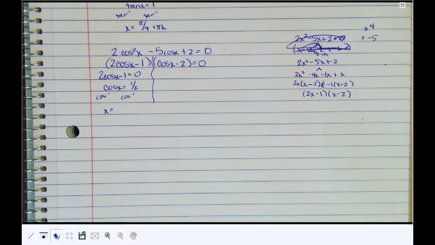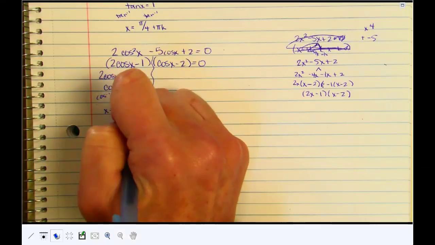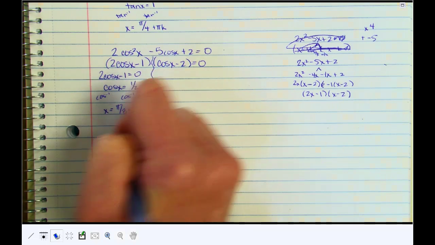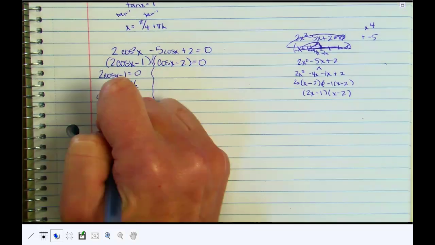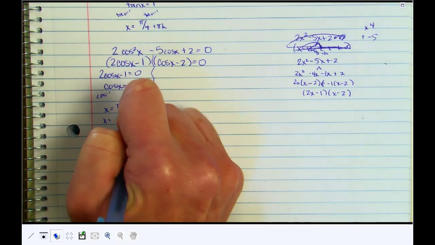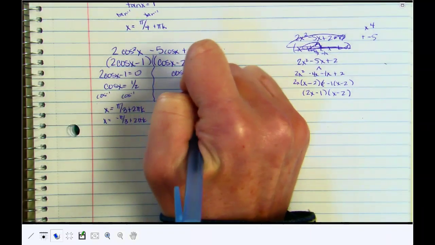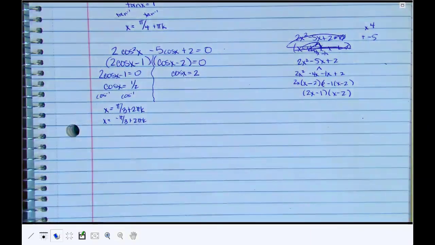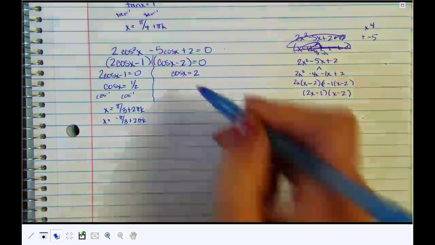What do you got for your first answer for this one? Pi over 3. I agree. So pi over 3 plus 2 pi k. What's your second answer for that? Negative pi over 3 plus 2 pi k. Now, come over here, you have cosine x is equal to 2. Cross it out, because cosine never equals 2.